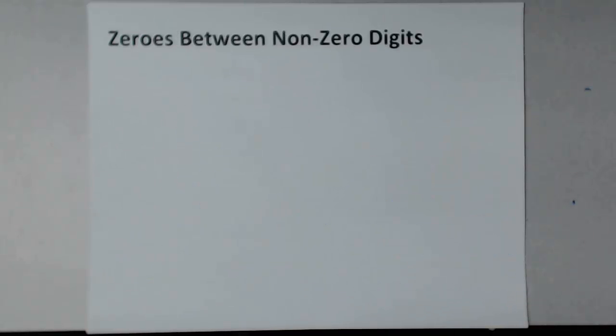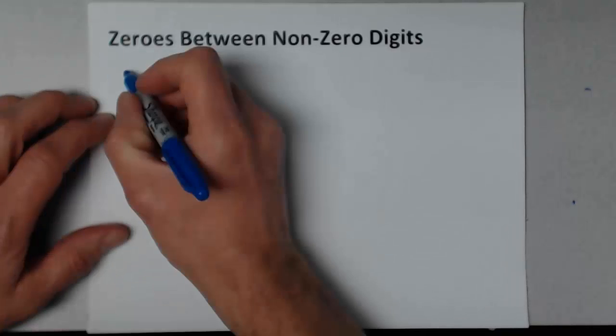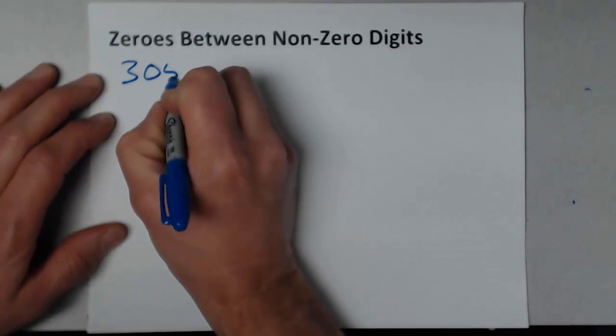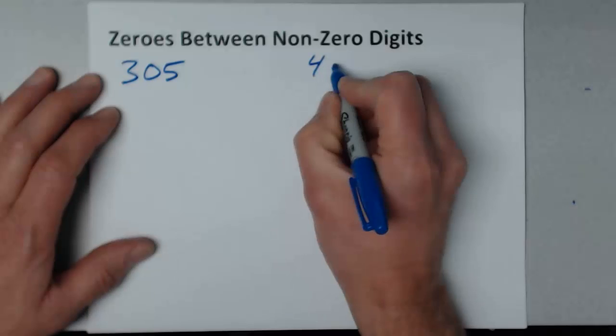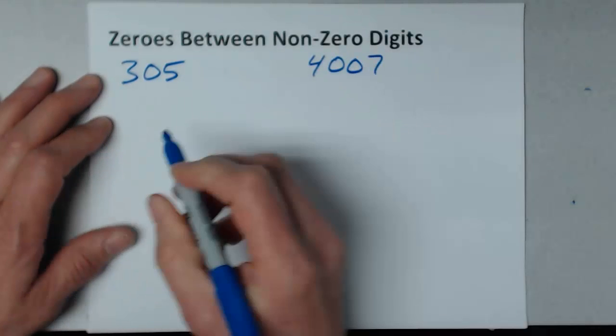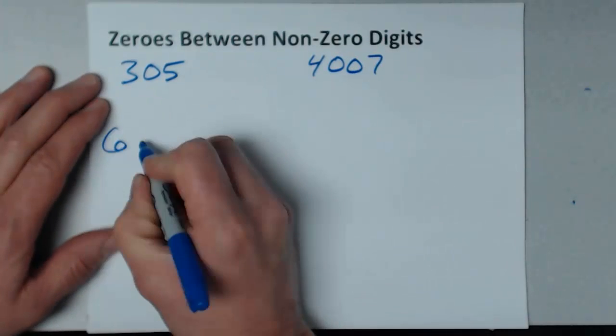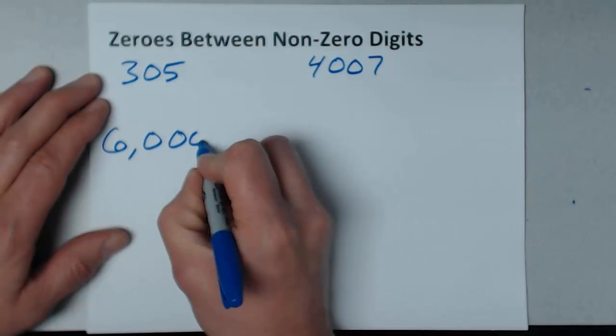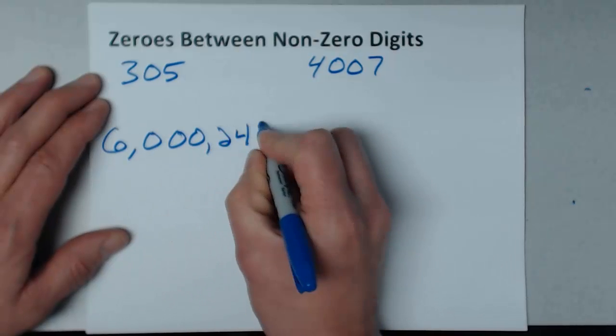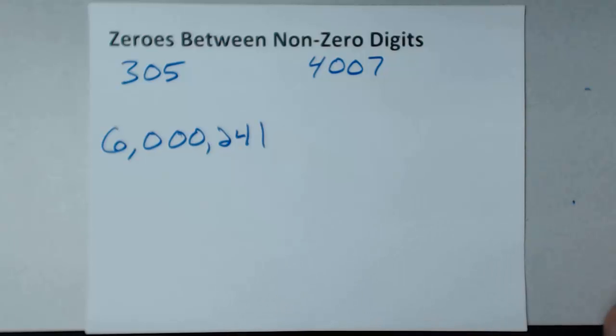Let's consider another situation here. Zeros between non-zero digits. This would be like 305 or 4007 or 6,241,000. This rule is also fairly cut and dried. Zeros between non-zero digits are always significant.